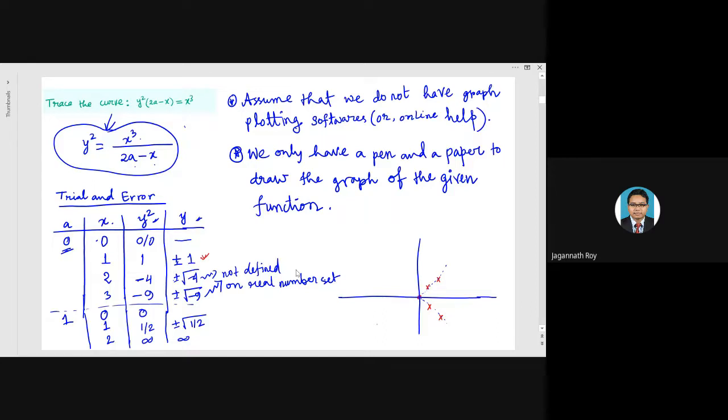So if you put a equals 0, then it becomes x cubed by minus x. Now if you put x equals 0, this is 0 by 0, which is not defined. But if you put x equals 1, 1 cubed by 1 minus 1, this becomes minus 1.